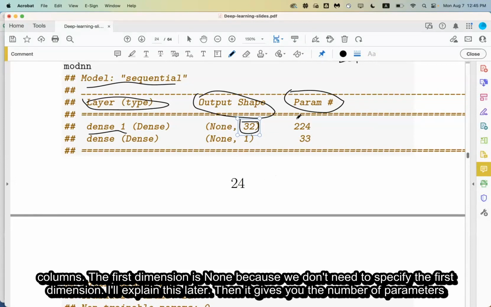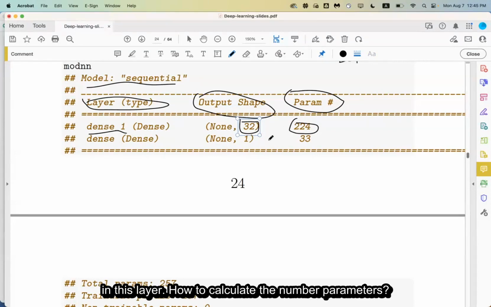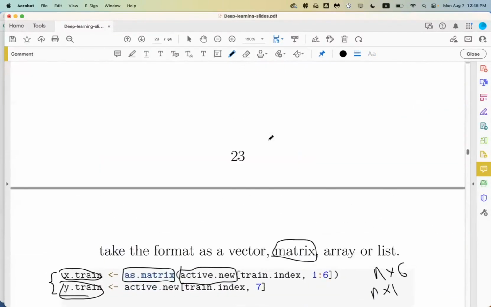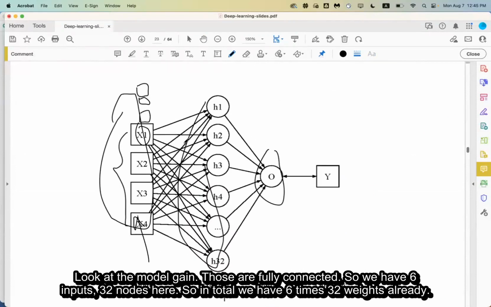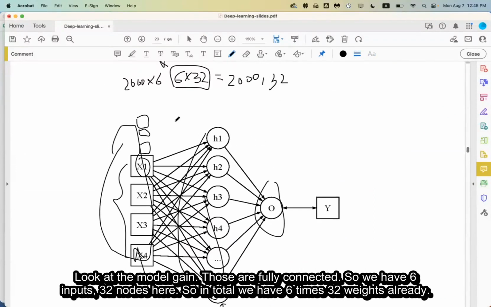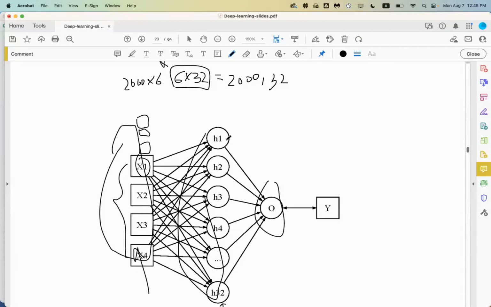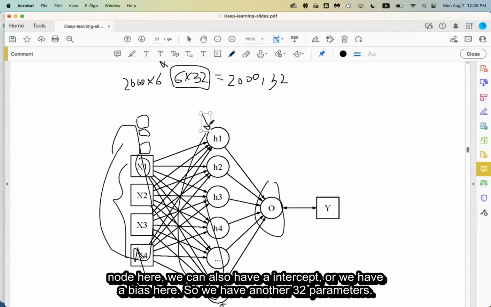Okay. Then it gives you the number of parameters in this layer. How to calculate the number of parameters? Look at the model again. Those are fully connected, right? So we have 6 inputs, 32 nodes here. So in total, we have 6 times 32 weights already. But remember, for each node here, we can also have an intercept, or a bias.